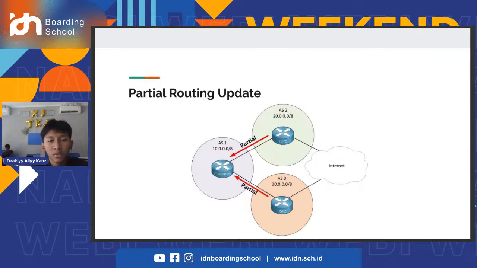It's different with the partial routing table, where the router will save several routing information from the BGP router or the router from a different AS. The ISP will grant several routing information from the world or from the internet, not the entire table but only several routing information taken by the ISP, and then it will deliver it to the customer.